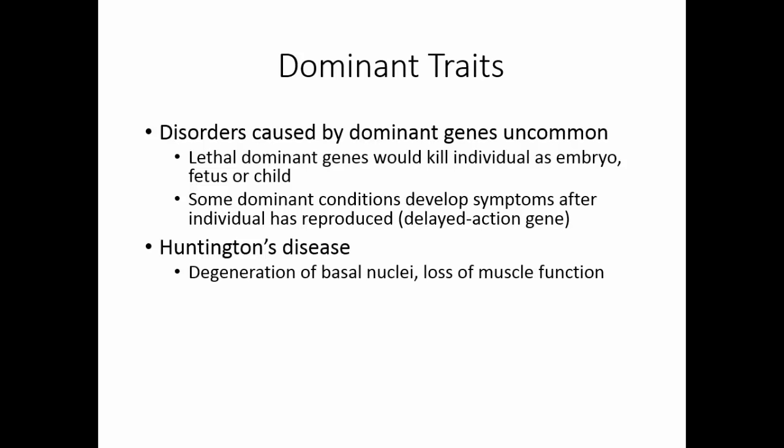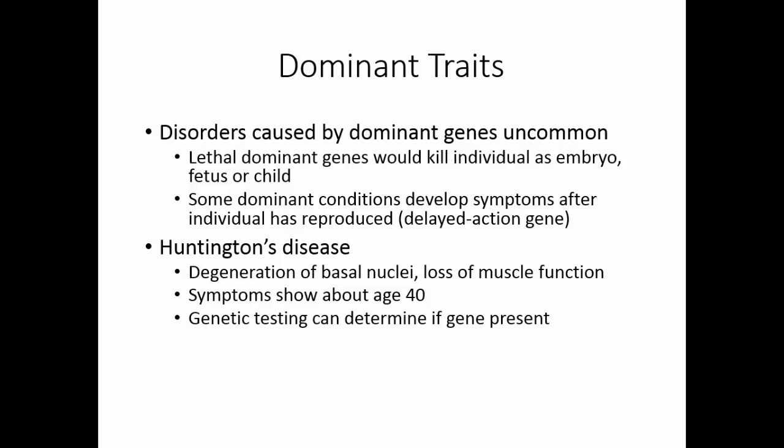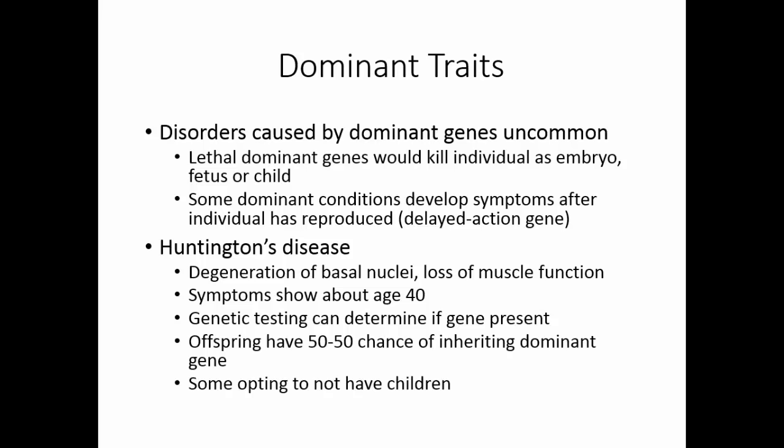In Huntington's disease, there's a degeneration of the basal nuclei that leads to a loss of muscle function. The symptoms don't start to show until about age 40. Genetic testing can be done to determine if the gene is present in the individual prior to them having children. Individuals that have Huntington's only need the one dominant gene, so their offspring would have a 50-50 chance of inheriting that dominant gene from them. Some individuals are being genetically tested and opting not to have children.